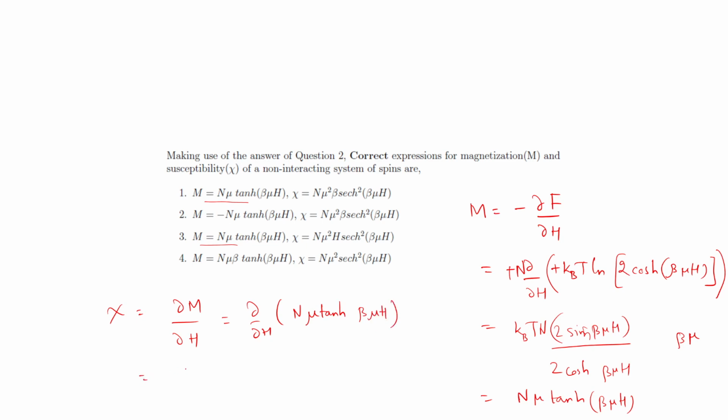So it is N mu sech squared, it is just the derivative of this tanh, and it is beta times mu. So beta N mu squared sech squared(beta mu h). So this is your correct answer. So this is what you have to do.